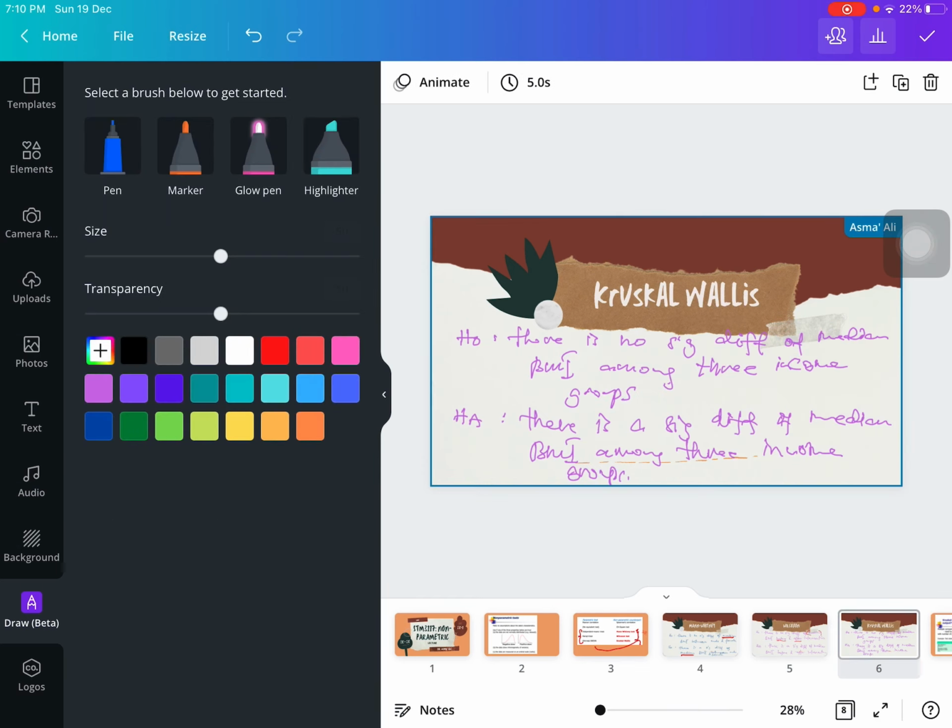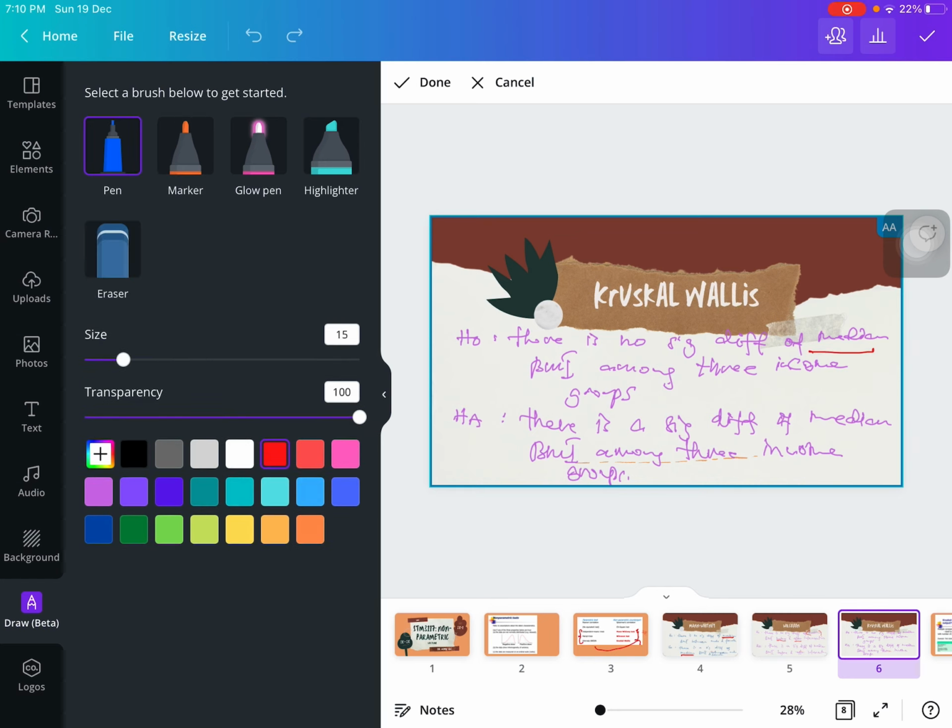And for Kruskal-Wallis, it is a substitute for Anova. So Anova, you must know that it needs to have more than 2 groups. So when it says it wants to look at the significant difference of median BMI among 3 income groups, so it is more than 2 groups, and then it wants to look at the significant difference of median BMI.